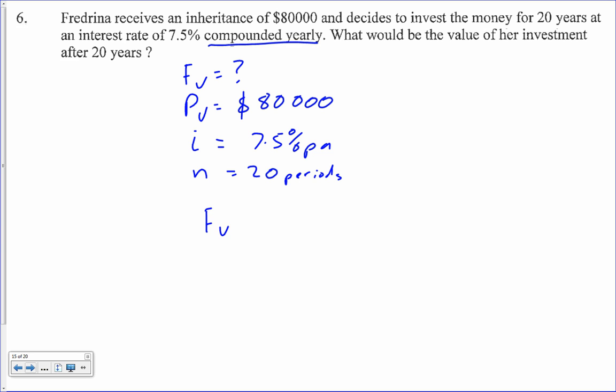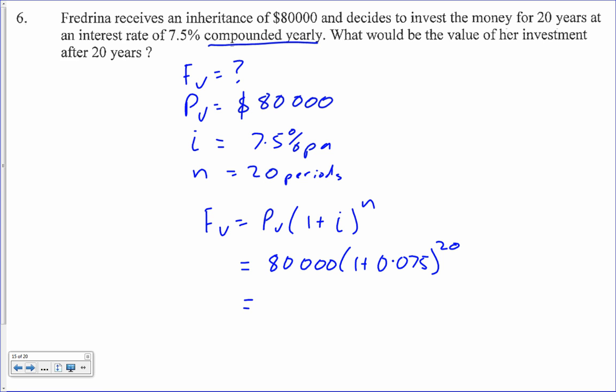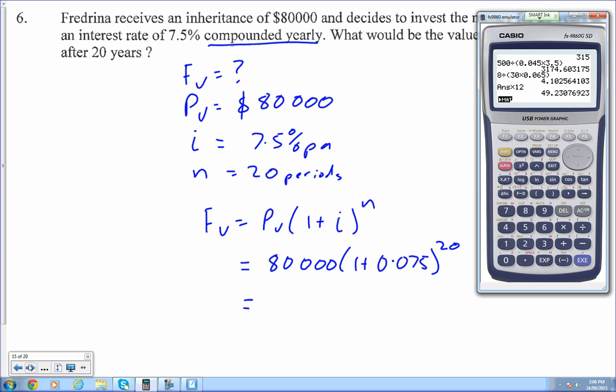So future value equals present value, 1 plus i to the n, so equals 80,000, 1 plus 0.075, to the 20. So again, grab our calculator. So 80,000 times by 1.075, because I just added them together already. And then we need to go to the 20th power. Let's execute.